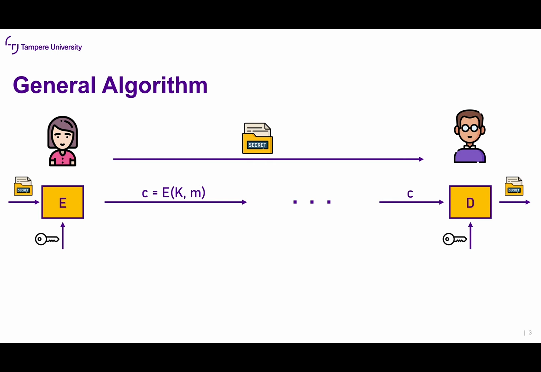Now, we call this a symmetric encryption algorithm simply because both parties use the same key. The key that is used for encrypting a message is also used for decrypting a message. So no different keys, right? With one key, we both encrypt and decrypt the message.